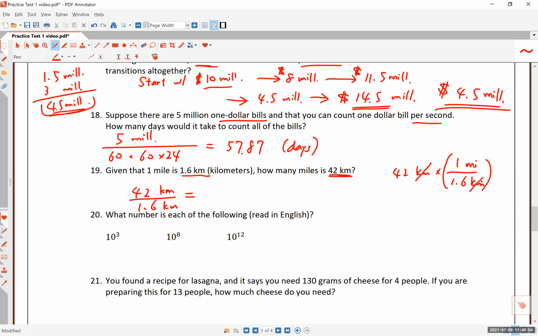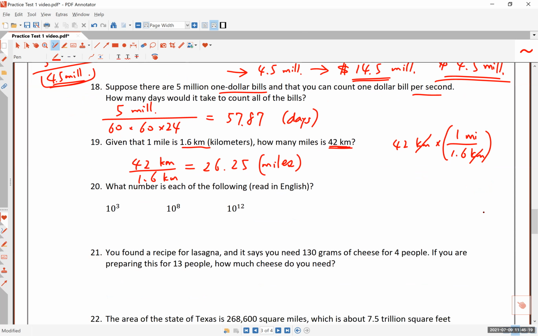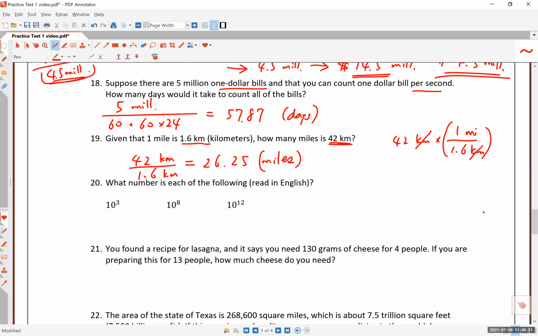So that's okay too. If you divide 42 by 1.6, you get 26.25. And that's in terms of miles. A marathon runner runs a bit over 26 miles.